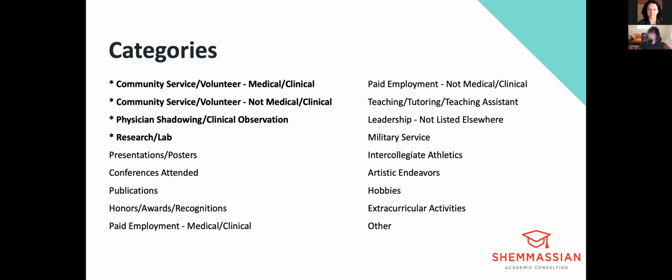And the second question, how would you choose which category to place an activity if it falls into multiple categories? That's a complicated question. It depends, because it also depends on where you've already spent your time. So, for instance, if you had a bunch of experiences that were community service and volunteering, but you don't have anything under leadership or something like that, you might want to use it that way, or vice versa.